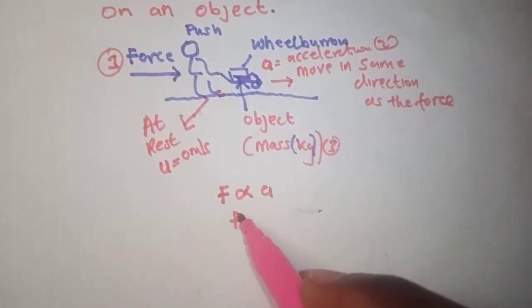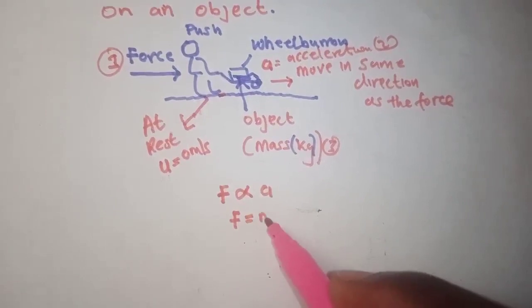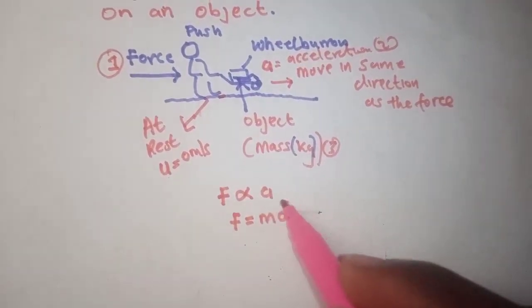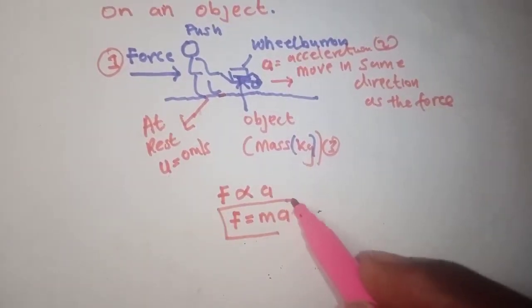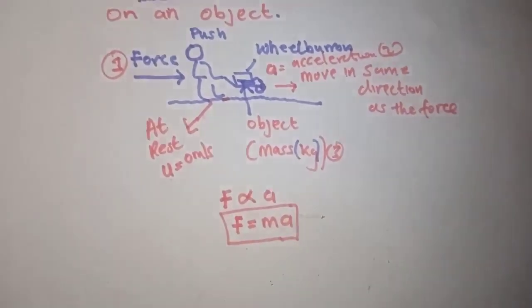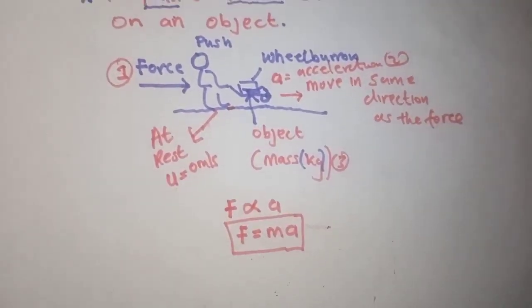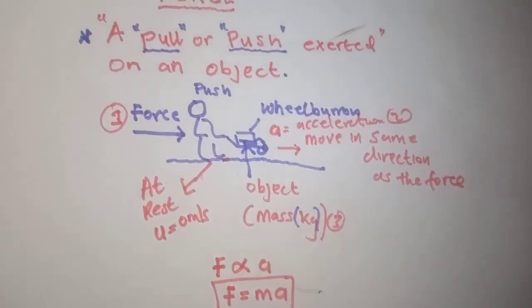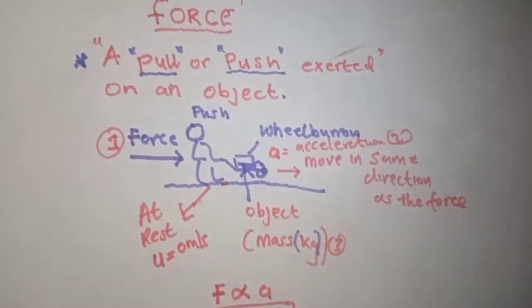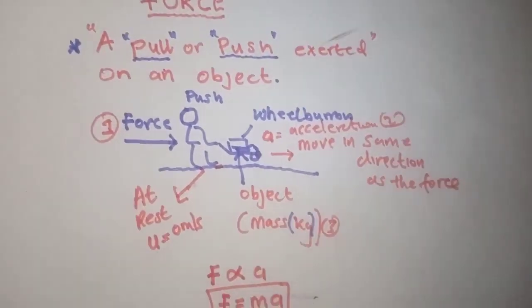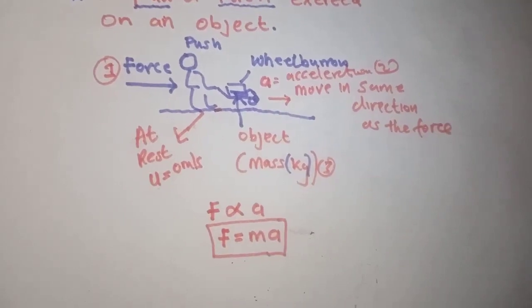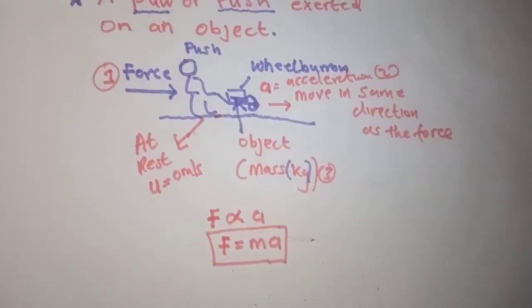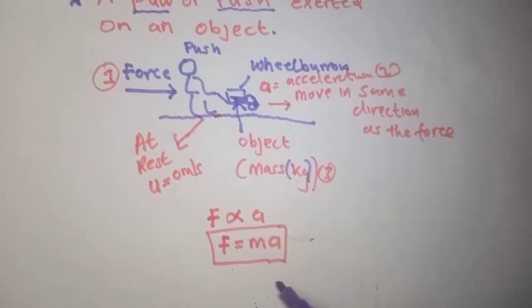So force is simply equal to mass times acceleration. This is how this formula can be derived in simple terms.